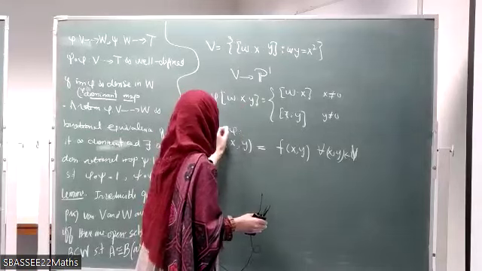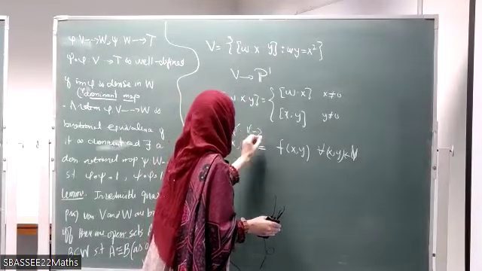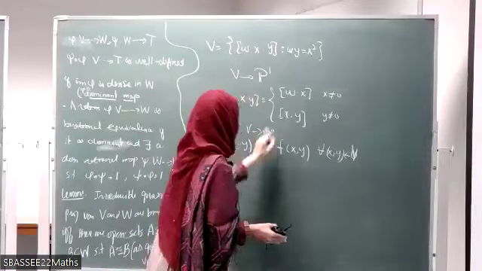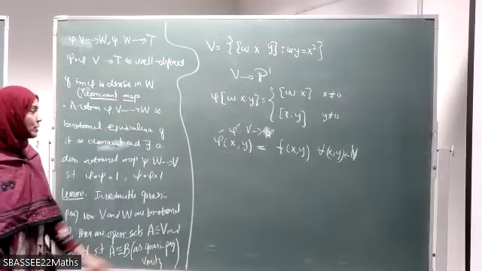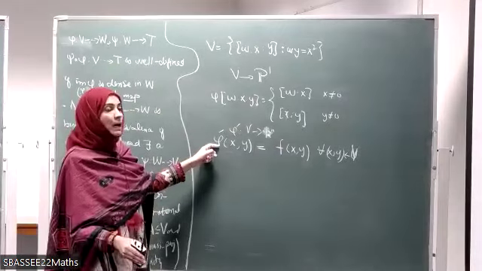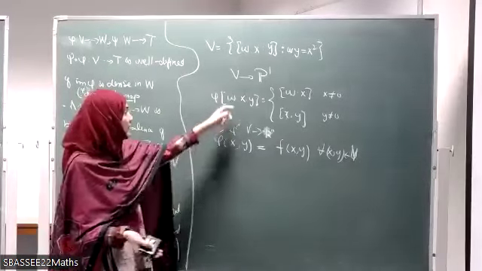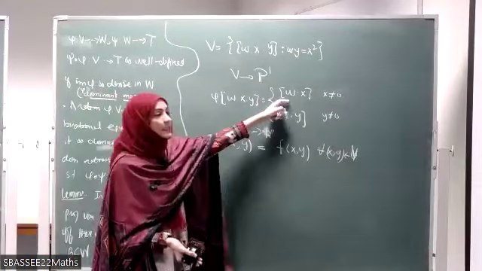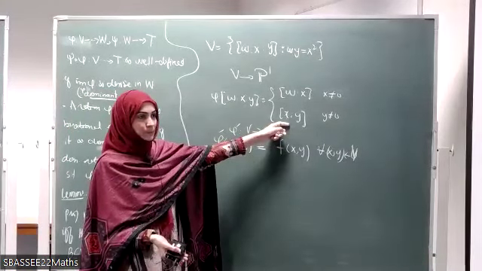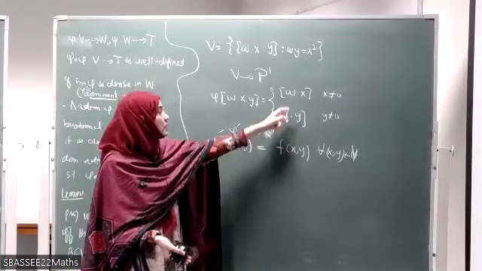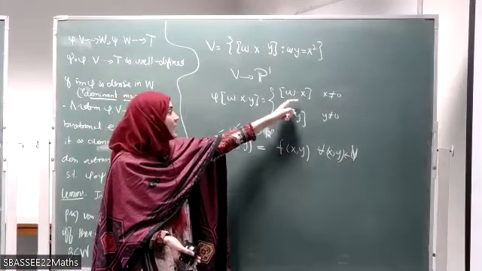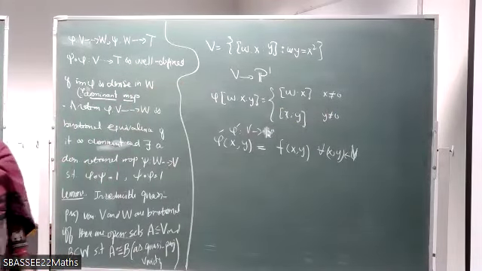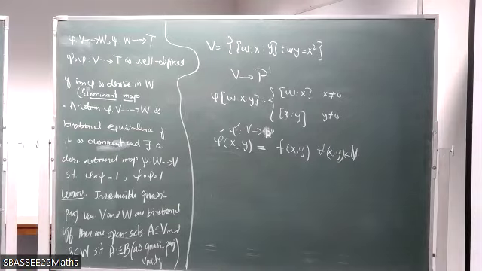If phi is from some V to some K1, then every polynomial map is a regular map, but here this is not a polynomial map. But locally it is polynomial. So locally it is polynomial, and that's why we said that this is overall a regular map. Okay?